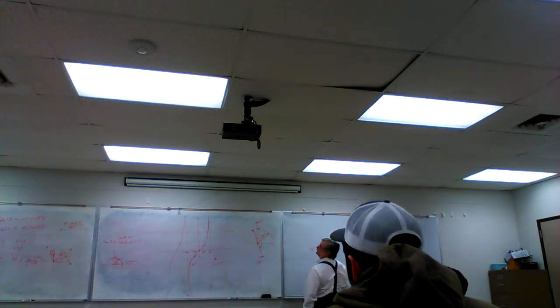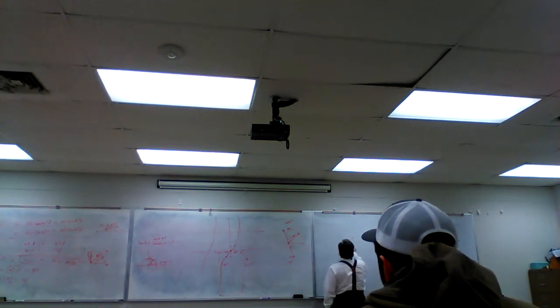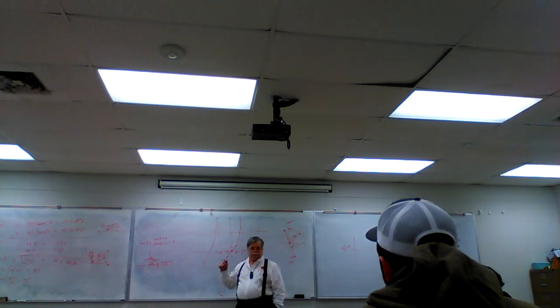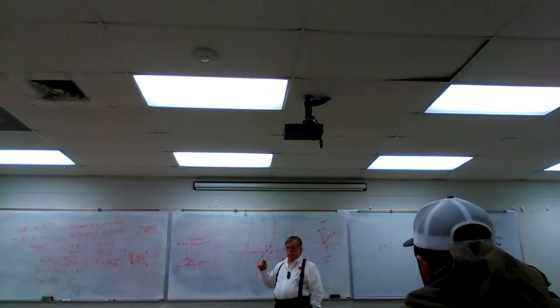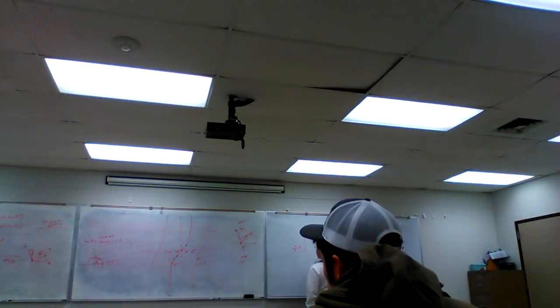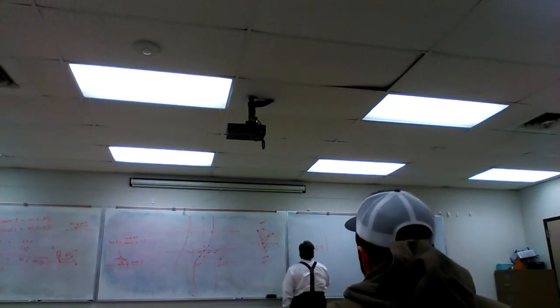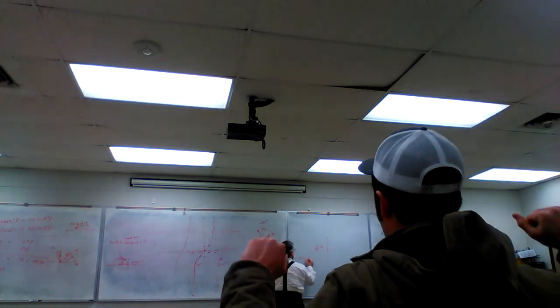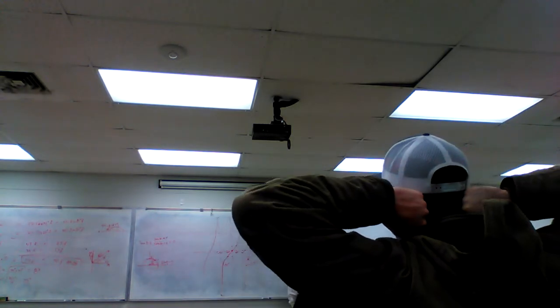How would you write that in rectangular coordinates? Twenty times cosine of 23 degrees.